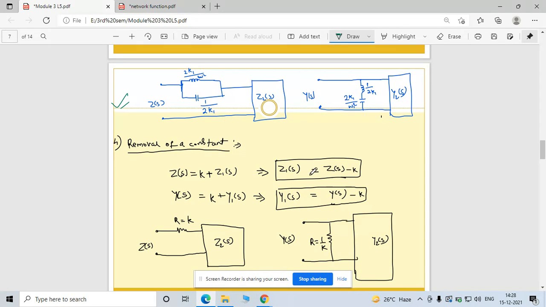Now see here, Z1 is nothing but the total impedance minus this constant. Simple. Total impedance is your constant plus this Z1 format. Similarly, total admittance is k plus Y1 format. So Y1 of s is the total minus this constant. This constant always represents either the resistance k, or you can say the conductance.